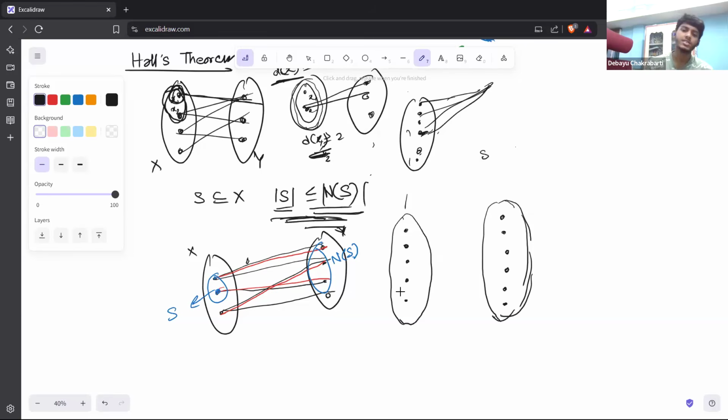Okay, let's just construct a graph together. That makes things a lot easier for everyone. So which ones do I connect?